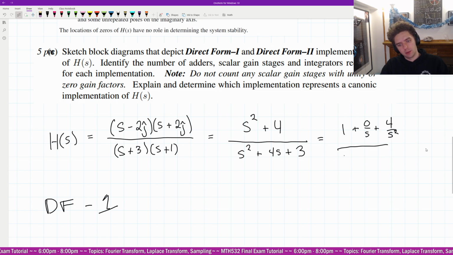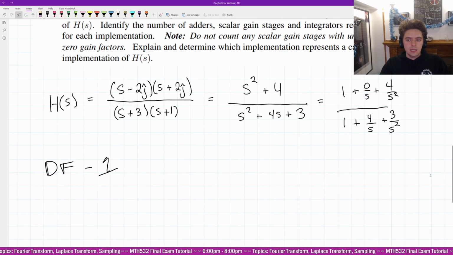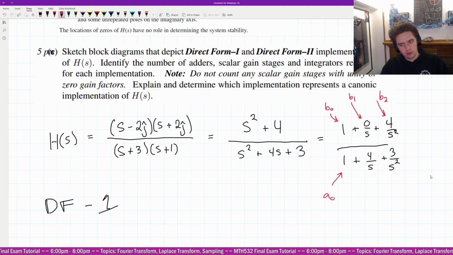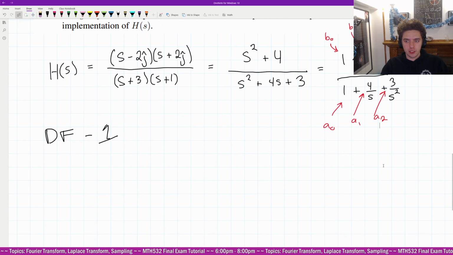And it's going to be 1 plus 4 over s plus 3 over s squared. So basically we have a bunch of values: b0, b1, b2, a0, which will always be 1, a1, a2. So we can just build this now.